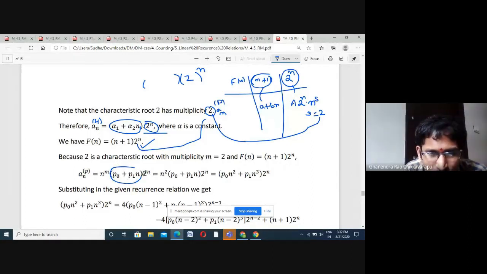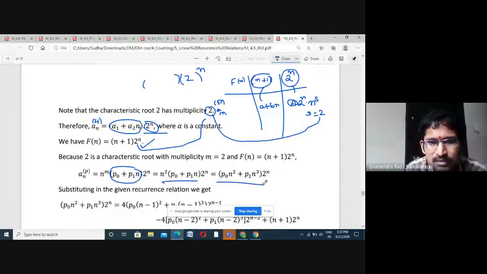When they are in product you don't need to write a; when they are in sum, you need to write a here. So 2 power n into n power m, what is the value of m here? 2.